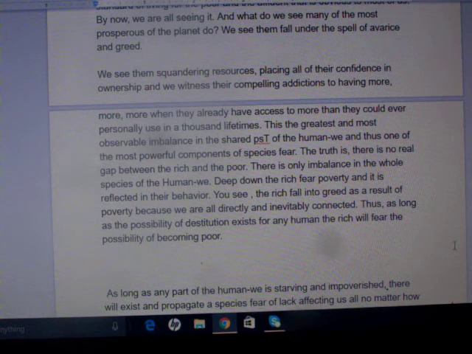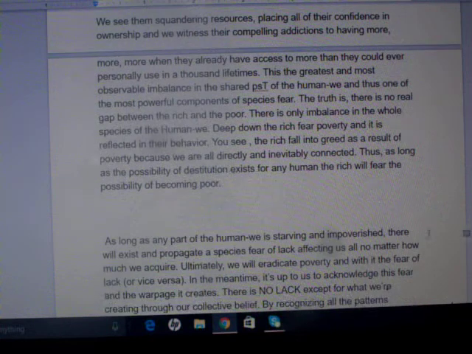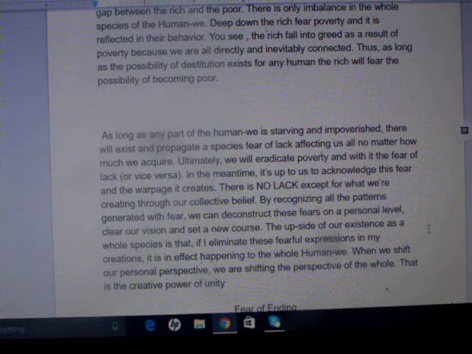Thus, as long as the possibility of destitution exists for any human, the rich will fear the possibility of becoming poor. As long as any part of the human we is starving and impoverished, there will exist and propagate a species fear of lack, affecting us all, no matter how much we acquire.